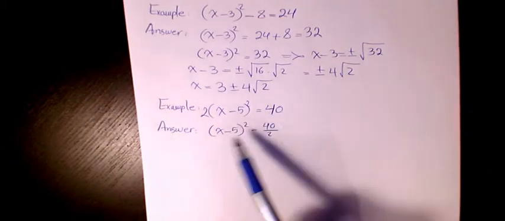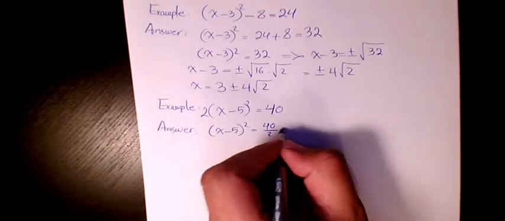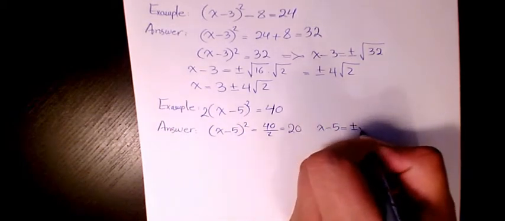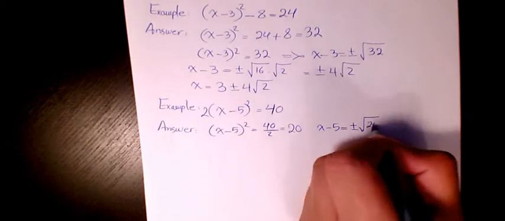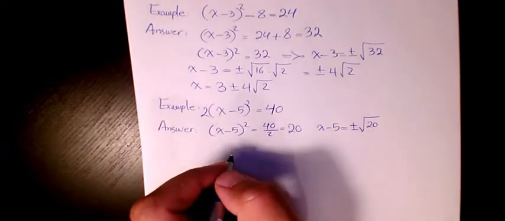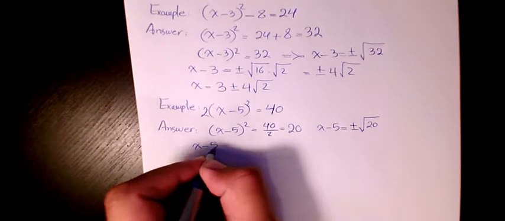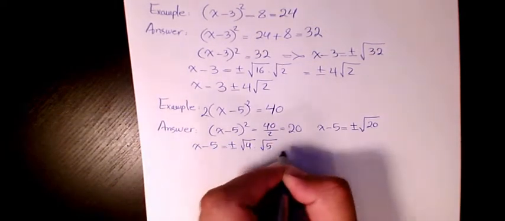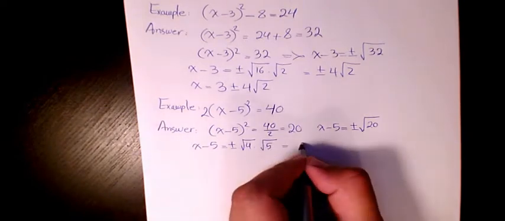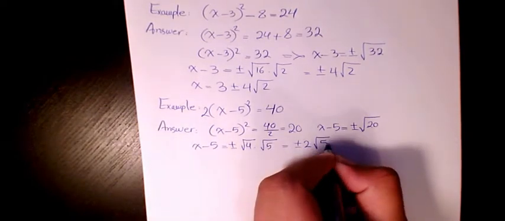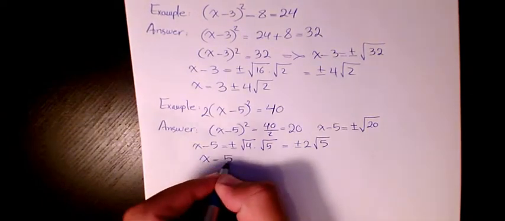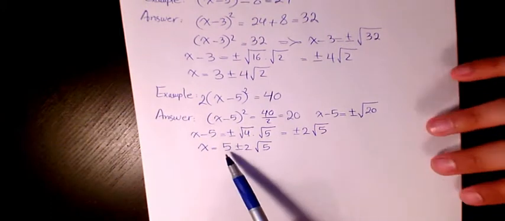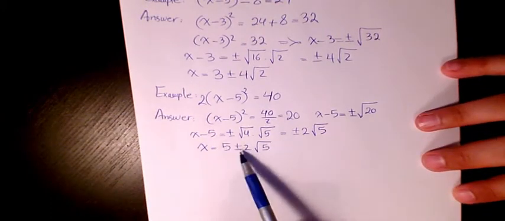It means that we divide both sides by 2. 40 divided by 2 is 20. So x minus 5 will be plus minus square root of 20. Then 20 is 4 times 5. It's going to be square root of 4 times square root of 5. And the square root of 4 is 2. So it's going to be 2 root 5. So x will be 5 plus minus 2 root 5. So there are two possible answers: 5 plus 2 root 5, 5 minus 2 root 5.